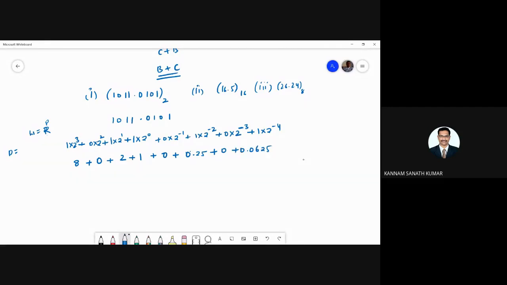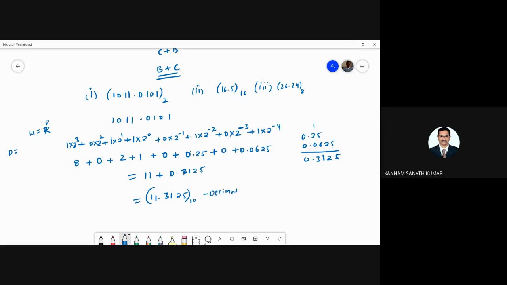So 8 plus 2 is 10, 10 plus 1 is 11, 11 plus 0.25 plus 0.0625 gives 11.3125. So this is 11.3125 to the base 10. The base 10 is nothing but decimal.